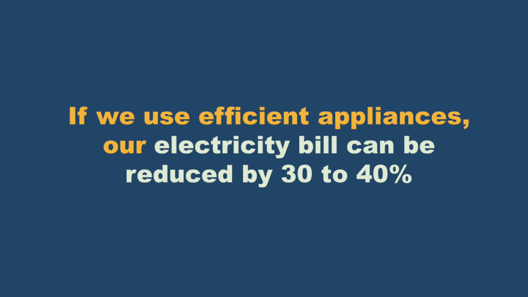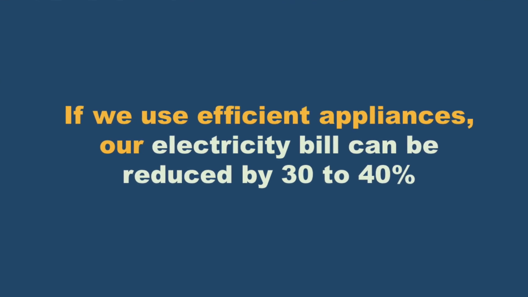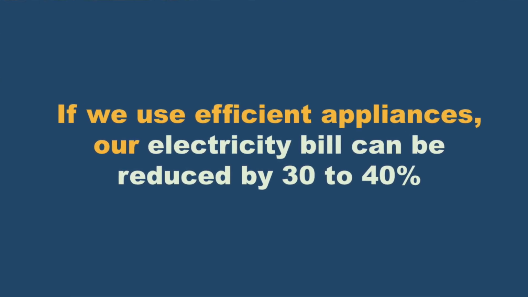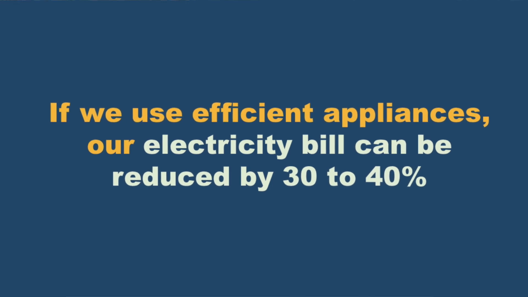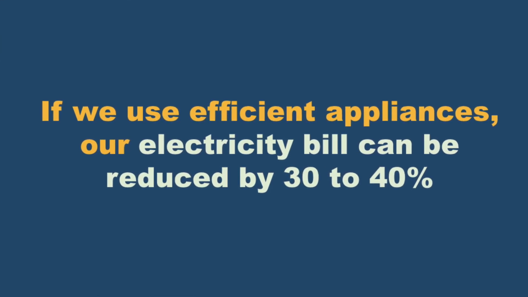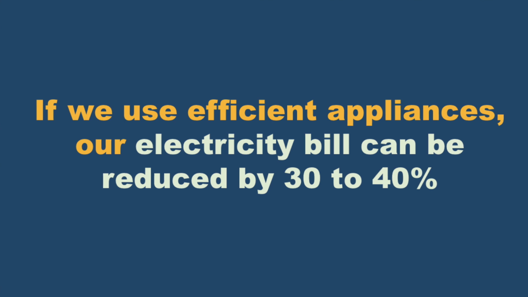And if you go for very efficient appliances or DC appliances, your energy consumption can easily come down by 30 to 40%, which means you will be saving 30 to 40% units in your house, and you will be saving 30 to 40% emission of carbon dioxide to the environment. So you'll be less guilty if you use more efficient appliances. So do that if you can.